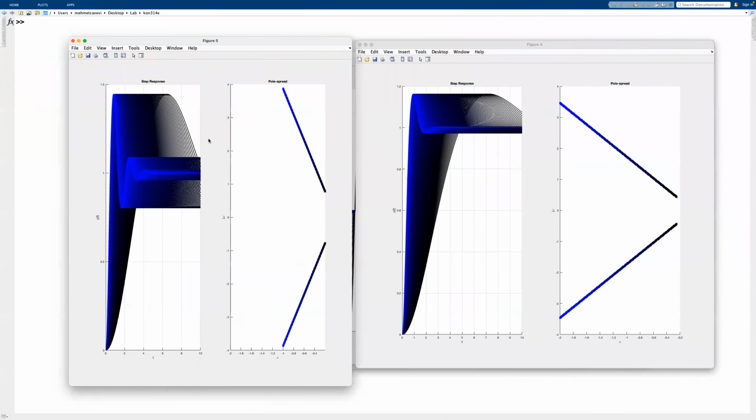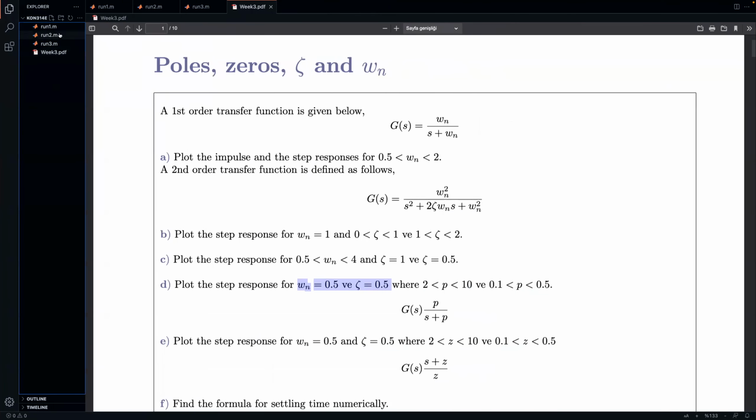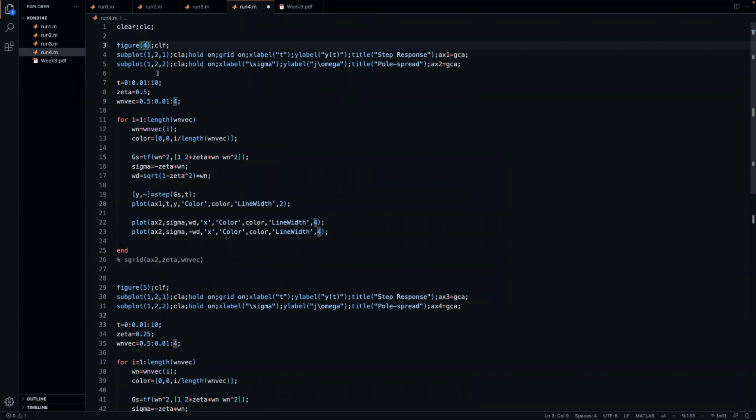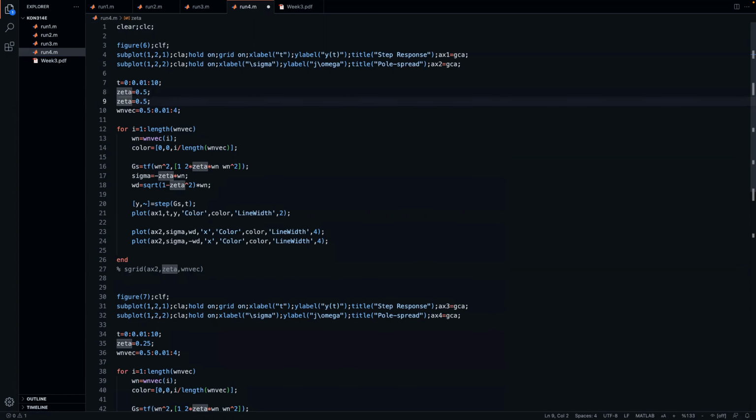So let's create run 4. This is going to be 6, I guess, and this is going to be 7 or whatever. So zeta is that, omega n is also the same, but now we have something called pvec, and everything will be varying based on that.